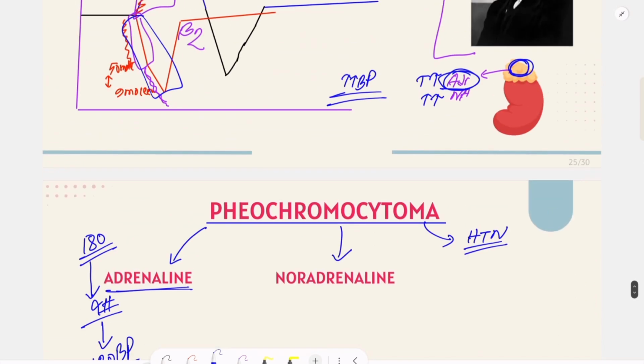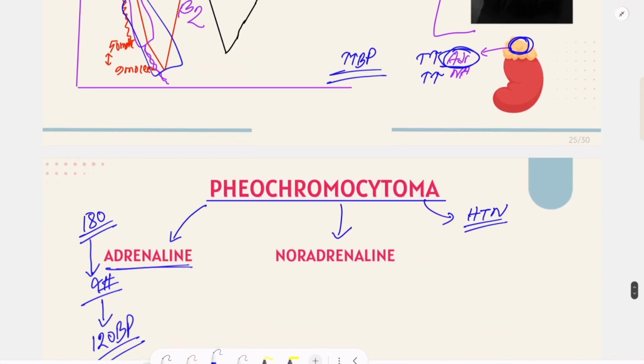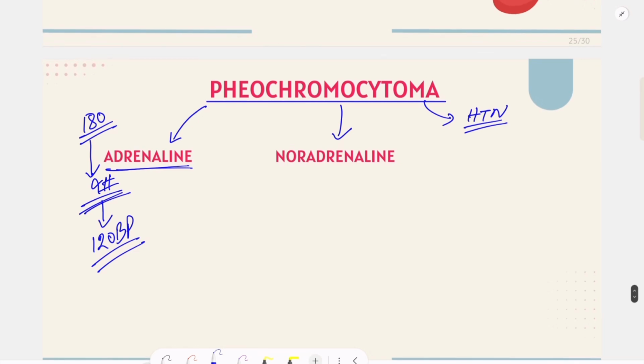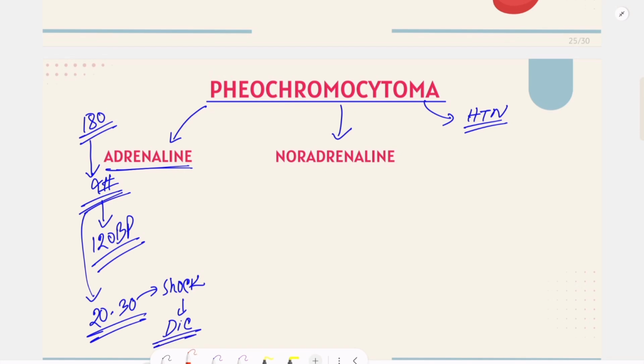But as we discussed, in the vasomotor reversal phenomenon, this alpha blocker will decrease the blood pressure more exaggeratedly, and the blood pressure may turn into 20 or 30. This is a condition of shock, and in this shock condition the person may die. So we should not use an alpha blocker in a person having adrenaline producing pheochromocytoma.